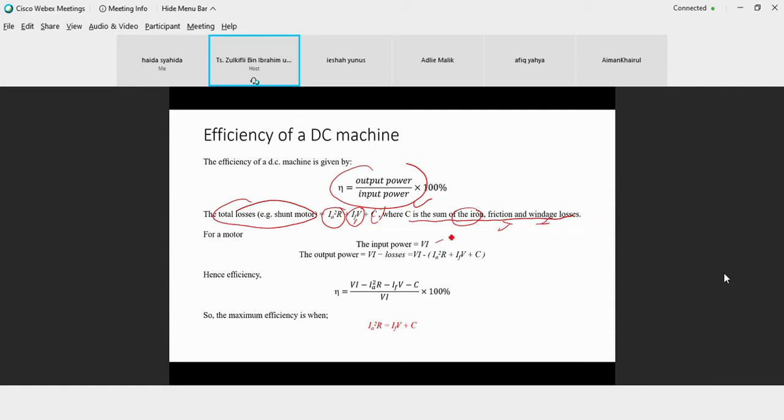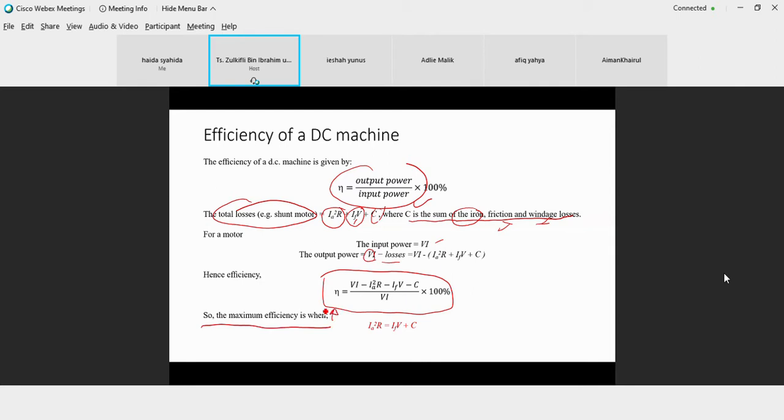So the input power is VI. The output power will be VI minus losses. Hence the efficiency will be the output power, which is the input power minus the losses, divided by the input, times 100%, so you get the efficiency.